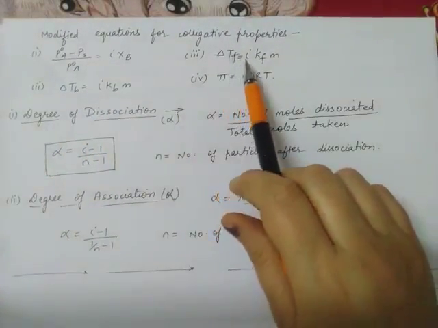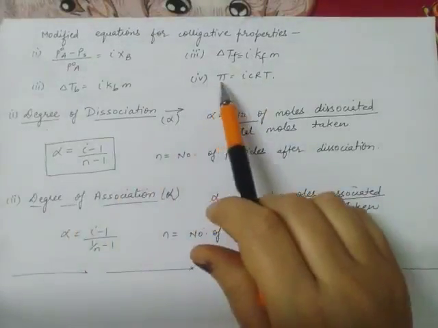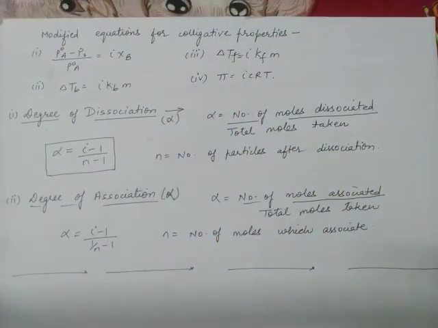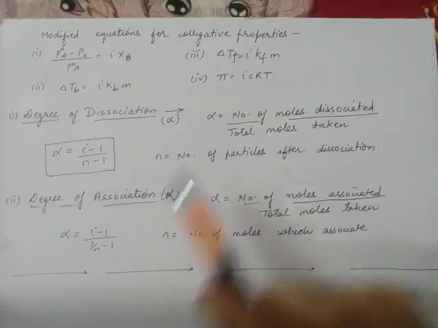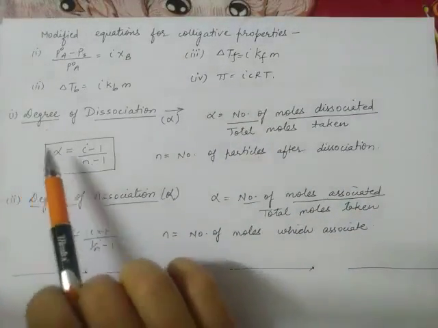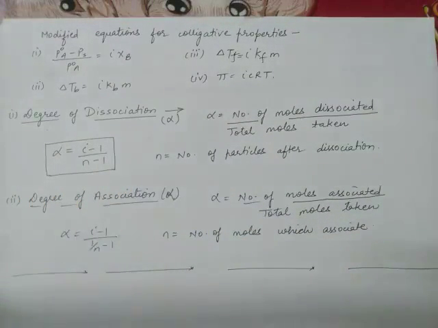Delta Tf is equal to i into Kf into m, and pi is equal to i C R T. So these are the modified colligative properties now. We use the factor i in the formula when the solute either associates or dissociates. Clear?